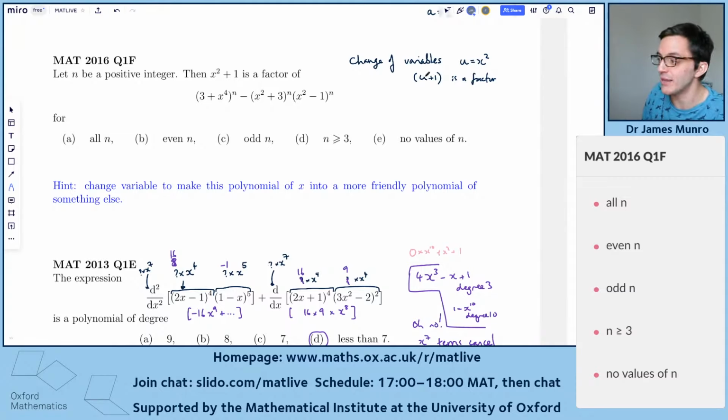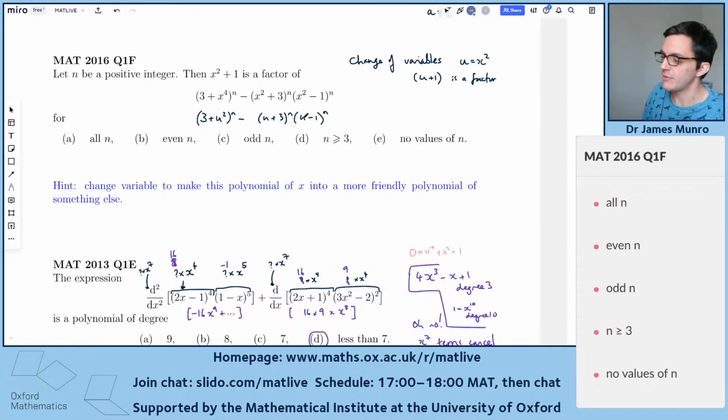That's much more familiar because the factor theorem relates whether that's a factor and whether minus 1 is a root of the equation. So if we do that change of variables, then we're looking at 3 plus u squared to the power of n, minus u plus 3 to the n, minus u minus 1 to the n.